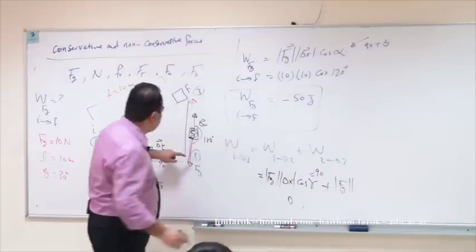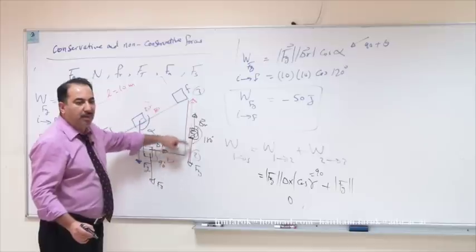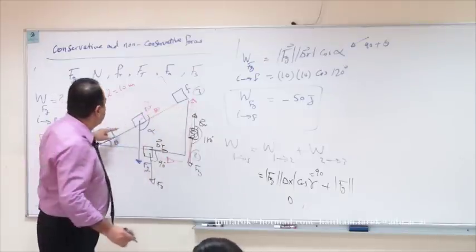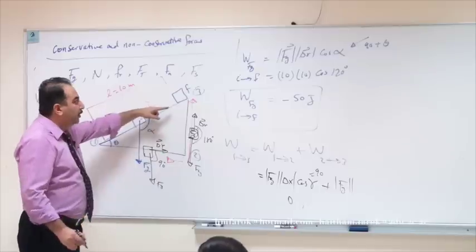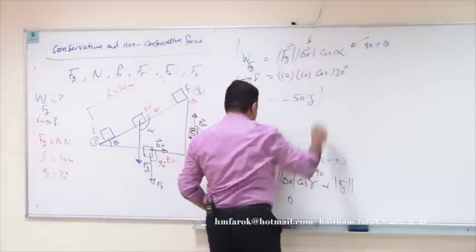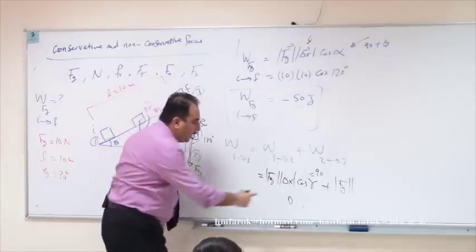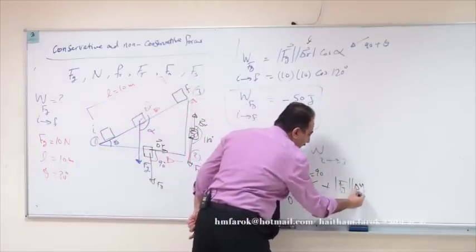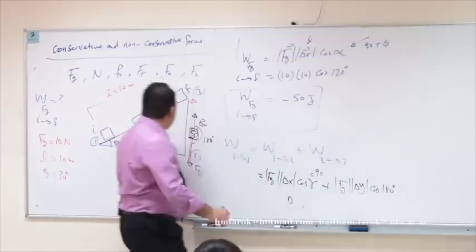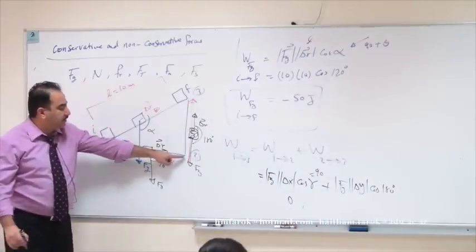What shall I call this now from here to there? Delta Y. This is L. This one delta X, and here we'll have delta Y. Cosine 180.